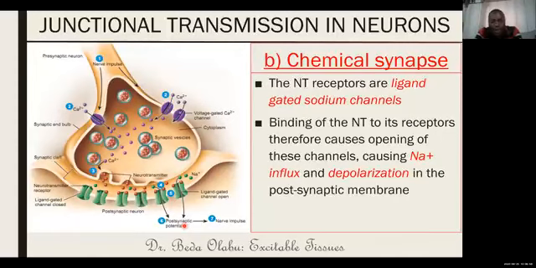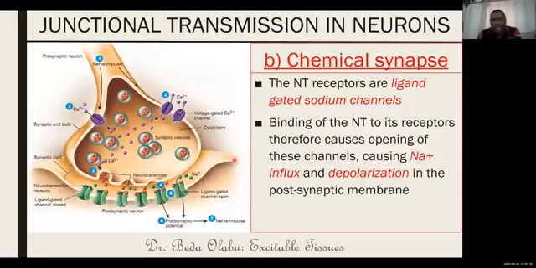That means they'll open, and you're going to have massive sodium influx, which the potassium efflux cannot overcome, and therefore, in simple terms, you are going to generate an action potential. It will be a depolarization that causes an action potential in the postsynaptic membrane.